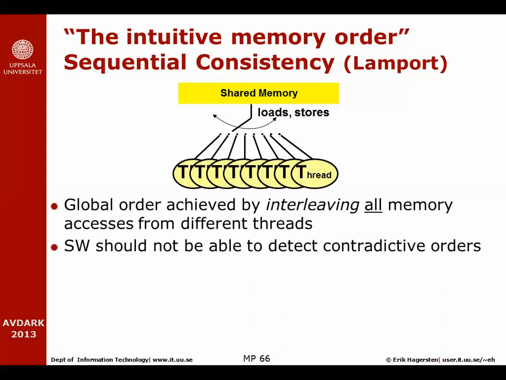So as I said, the software should not be able to detect any contradictive orders at all. If one thread over here managed to observe one order by some sequence of instructions, then no other thread should be able to observe the contradictive order. They don't have to observe exactly the same order.